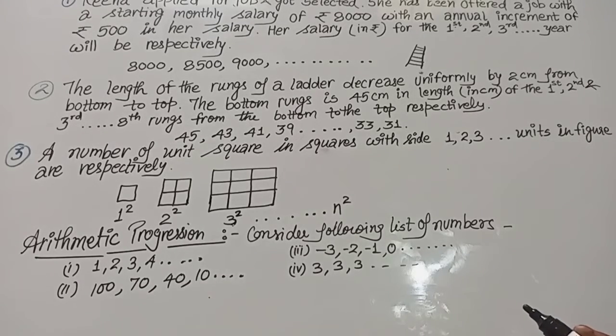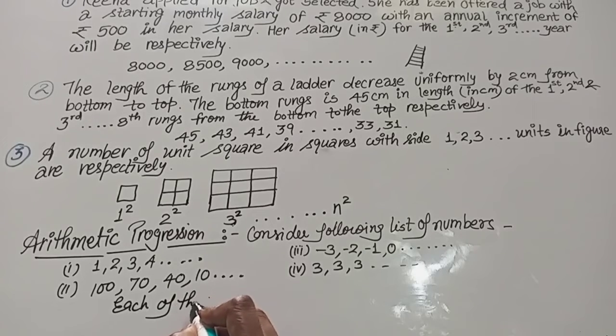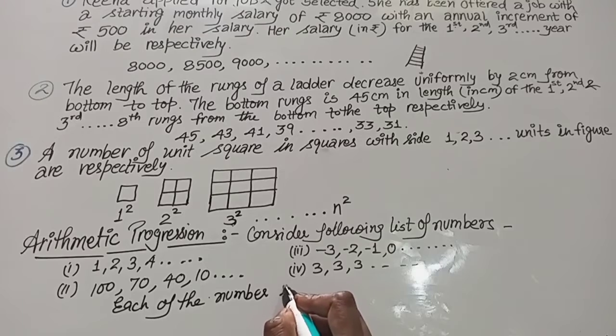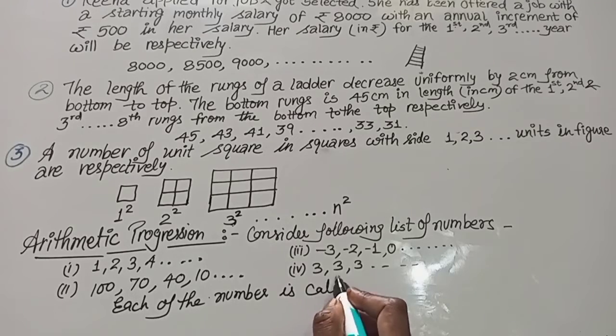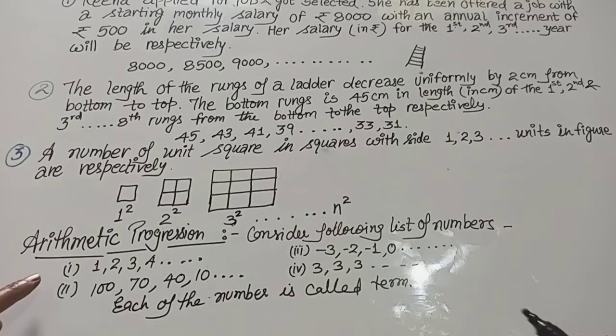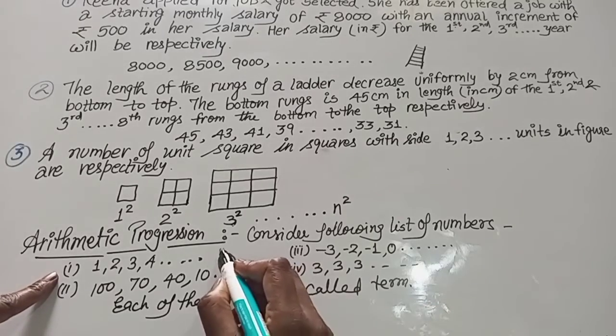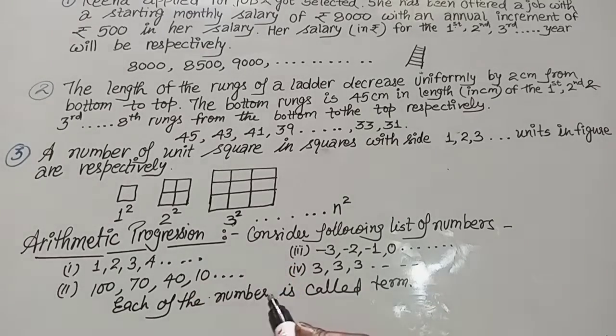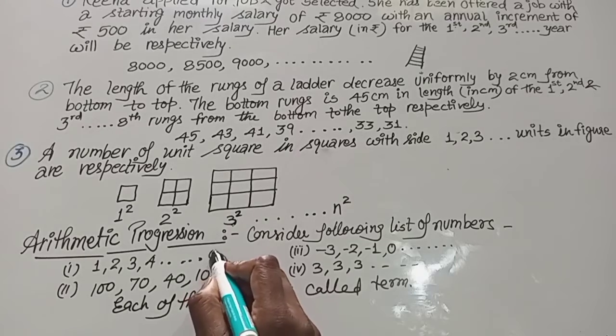Each of the numbers in the list is called a term. Now, what you have observed is that in the first list, we are adding 1 to the preceding term.